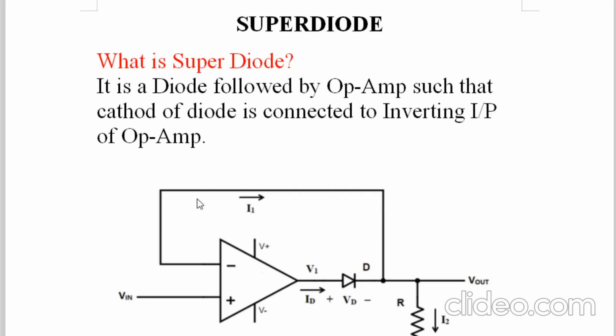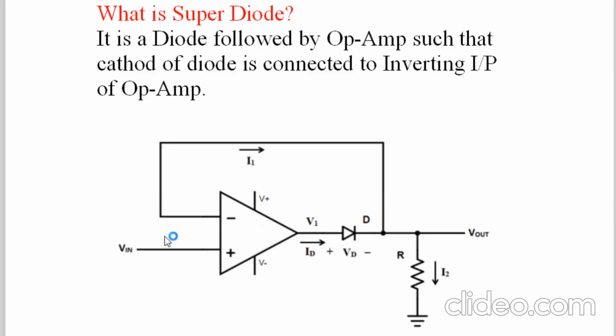And in this diagram, therefore, it is said that a diode followed by op-amp is called a super diode, but the condition is that the cathode of the diode must be connected back to the inverting input of the op-amp. And this is the circuit diagram of the super diode.